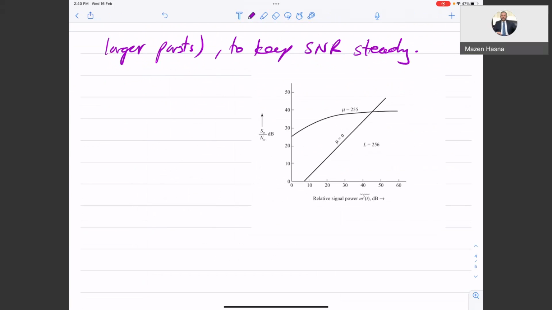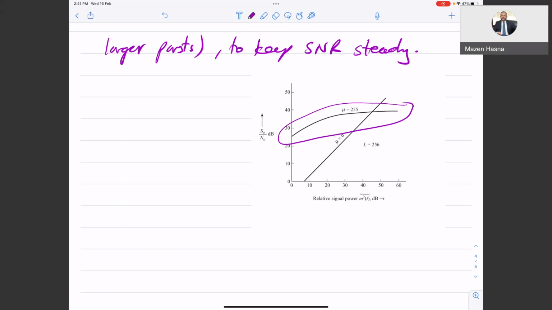If mu equals 0, as you can see, as the signal power increases, the signal to noise ratio keeps increasing. The larger your signal, the larger your signal to noise ratio. However, if you use this mu law, you get something like this. You keep a good steady level for different parts of the signal. You have the same performance for the different parts of the signal.